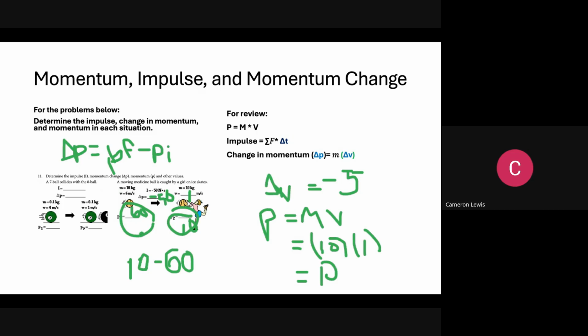Now, if I take my initial, which was 60, and subtract that from my final, which is 10, I get 10 minus 60, which is equal to how much? 50. Positive or negative? Negative. Is that not what they told us it was?